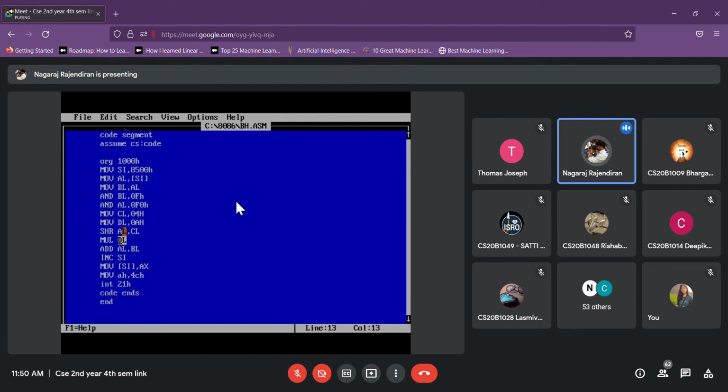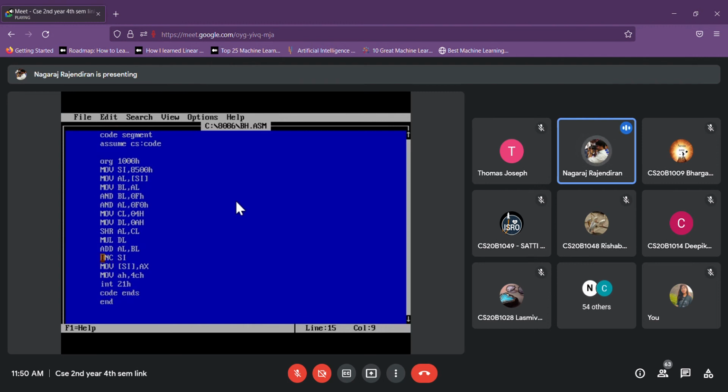You know that AL will contain 05 and DL contains 0A, so 05 into 0A, and the result is stored in AL. Then we are performing the addition operation, AL plus BL. So AL now contains 05 into 0A plus 08, and the result is again stored in AL.